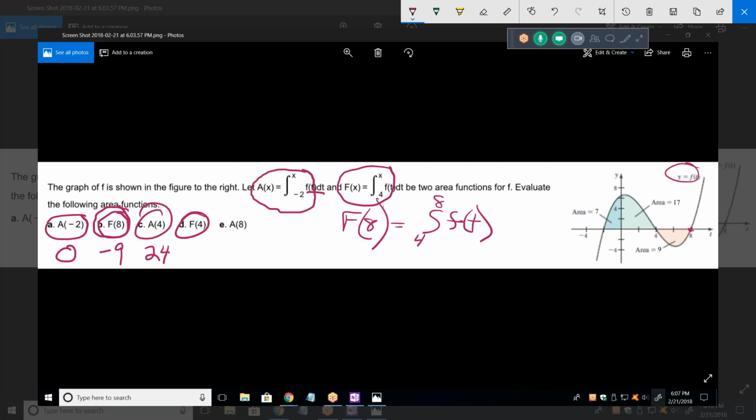F of 4 is, again, our function from 4 to 4. That is always 0. Whenever you go from your lower limit of integration to your upper limit of integration and they're the same numbers, that area is always 0.